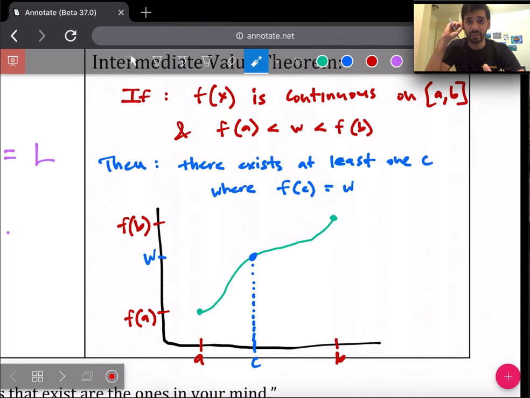In layman's terms, it's just saying that if this line is continuous in between here, then there has to be a point, an x value defined for every single y value defined in here. Because the function is continuous, I have to be able to find some number in between a and b, because w is in between f of b and f of a.